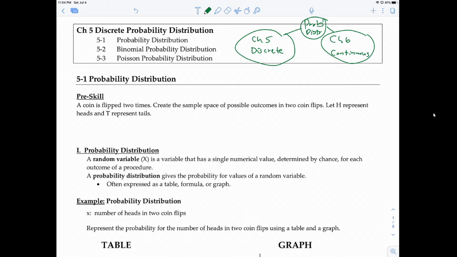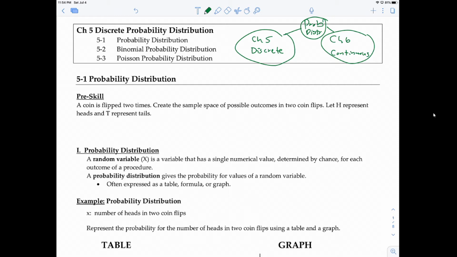If you remember back to chapter 1, a discrete data set is where the possible data values are countable. Usually that means whole numbers, whereas continuous is not countable because it's all real numbers, where the values can take on decimal numbers and whatnot, and you can't really count them.